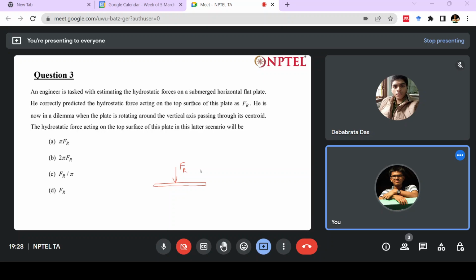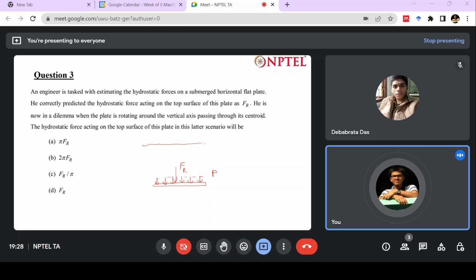That's what is asked. First of all, if it is a horizontal plate, what will be the variation of pressure across this plate? It should be constant, right? The pressure acting on this should be constant because it is a submerged horizontal plate.